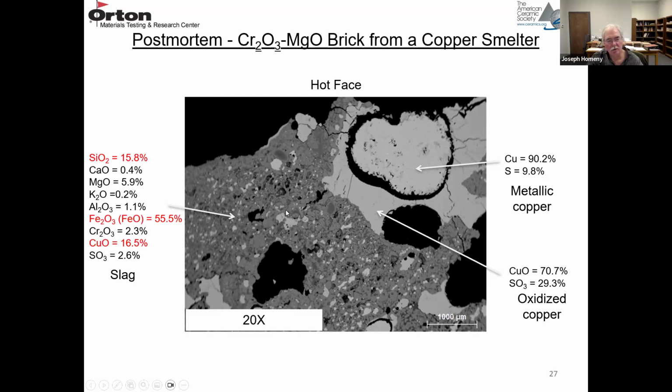And then this is what's left of the refractory. It's reacted with the slag. So you can see it's low in MgO, low in chrome, but it's primarily the slag, which is rich in silica, the iron oxides, and the copper oxide.